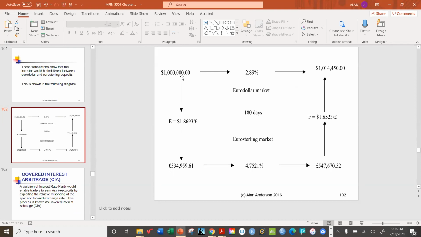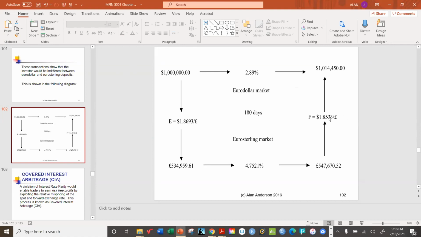Over here, instead, I chose to invest in euro sterling by first converting the dollars into pounds, depositing them in the euro sterling account, and collecting this at the end of 6 months, and simultaneously entering into a forward contract to sell them back for dollars at this forward exchange rate, which of course brings me right back here to $1,014,450.